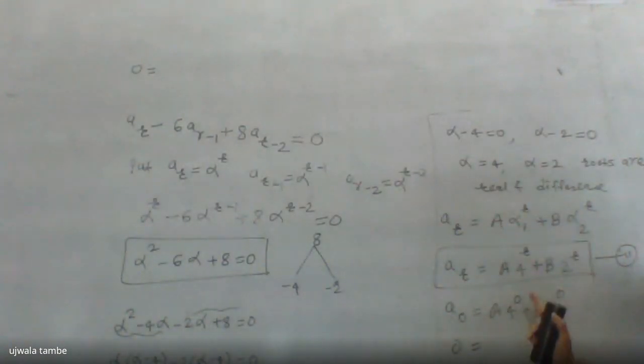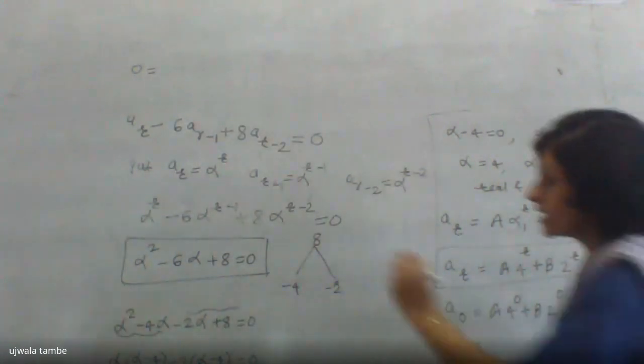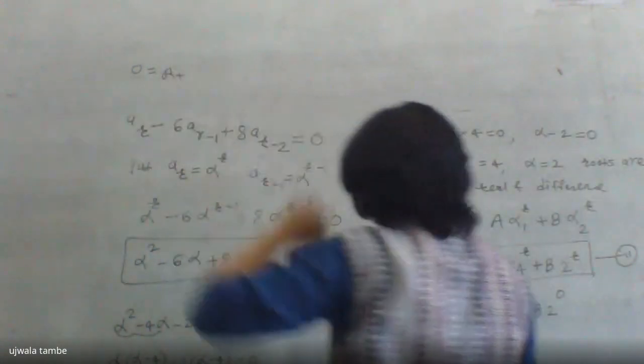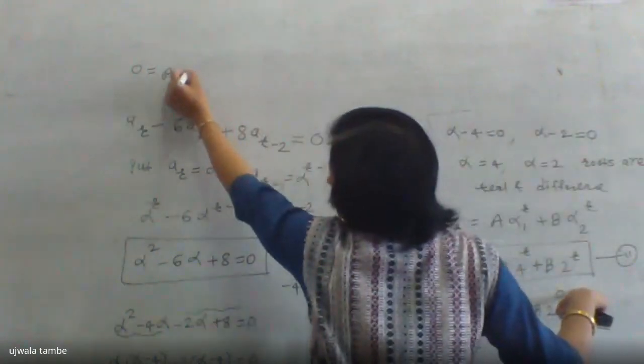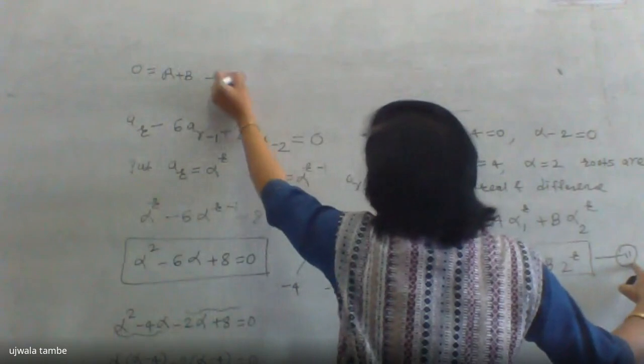We know that something raised to 0 is always 1, so that is a plus b is equal to 0. This is equation number 3.